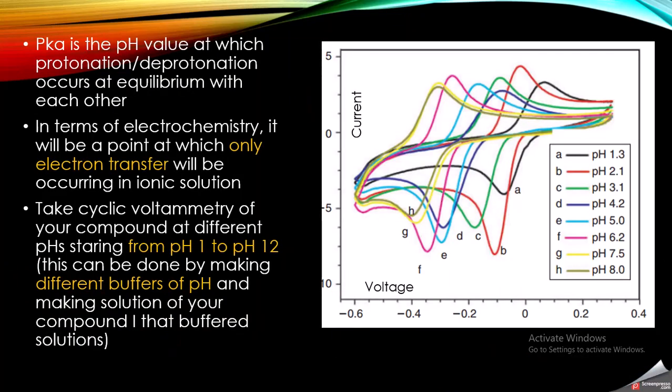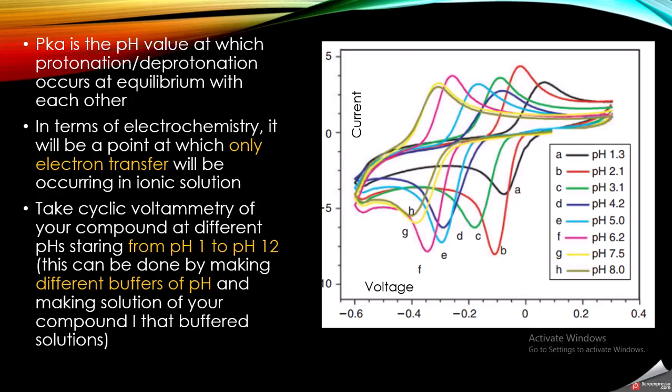pKa is the pH value at which protonation and deprotonation occur in equilibrium with each other. In terms of electrochemistry, it is the point at which only electron transfer takes place in your ionic solution. So in order to find the pKa of your compound, you need to make solutions of your compound at different pH values.